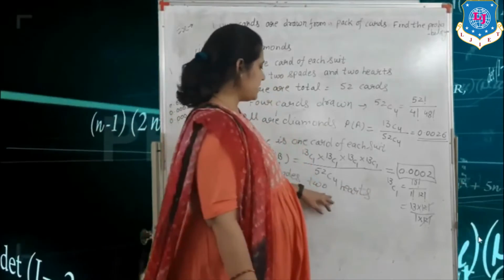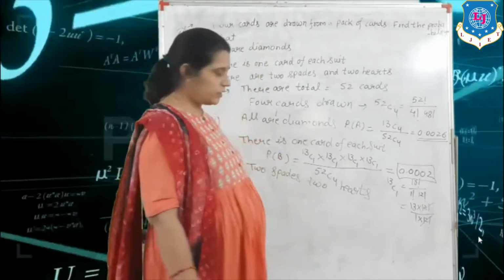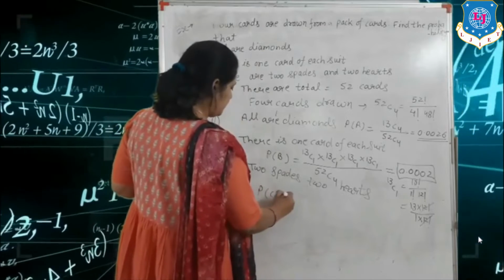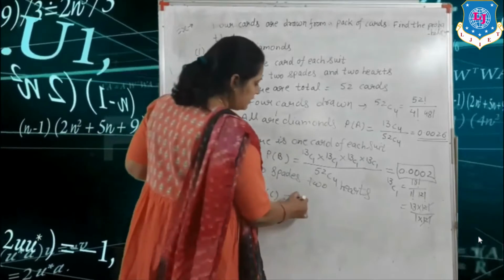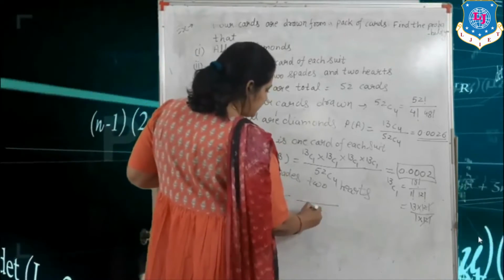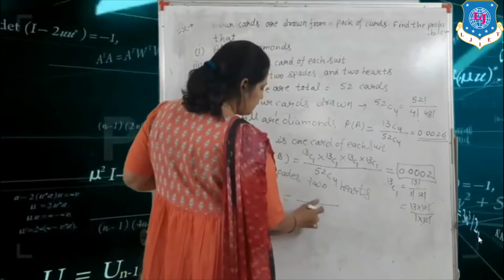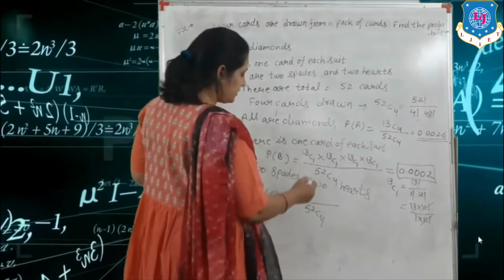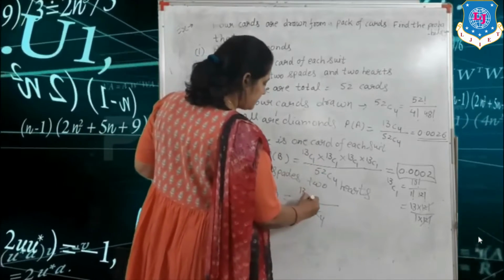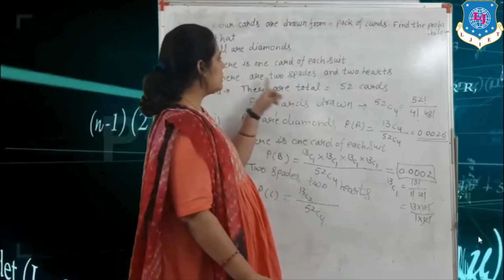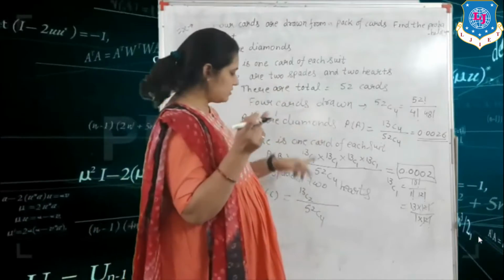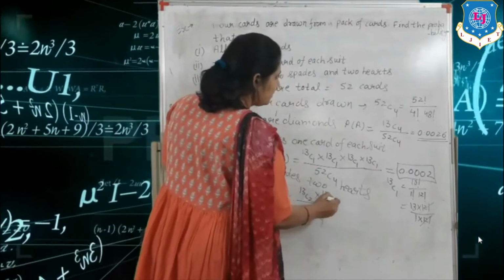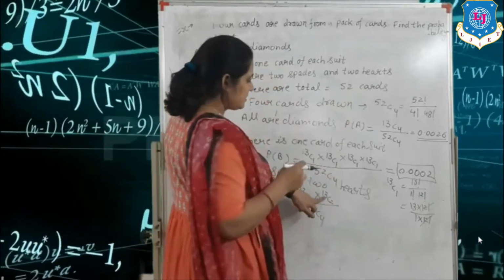We write the probability of C is equal to, in the denominator 52C4, but in the numerator 13C2, because our total number of spades is 13, so 13C2 into 13C2 for the hearts.